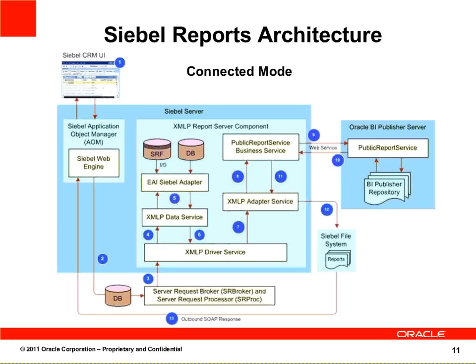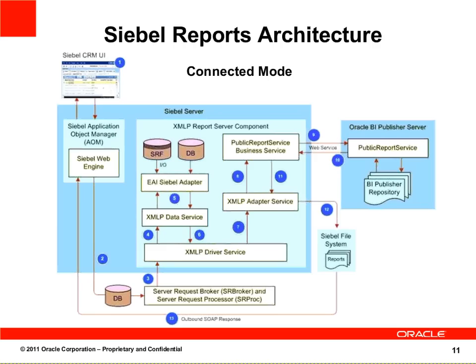So the actual churning of the report, the data, the report generation, processing, XSL formatting, all of that is carried out on BI Publisher, because this is the reporting engine. Siebel is not actually doing any reporting job. So the server processes everything and then sends back the output through this web service to the Siebel file system. So it gets stored in the Siebel file system.